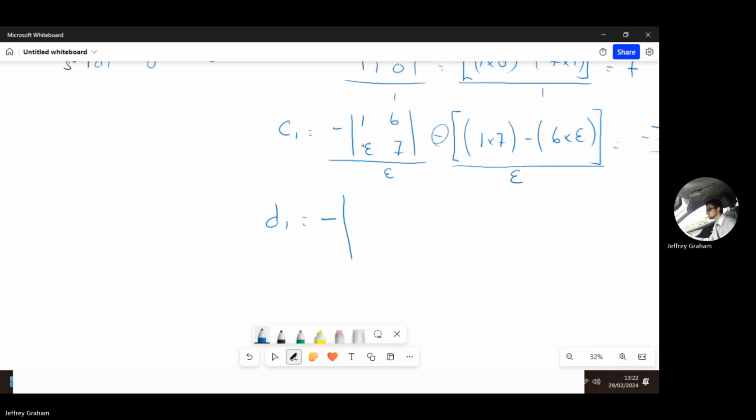Right, so the bottom of C moves up. So we've got epsilon and 7 for the top. On the bottom, we now have the awkward bit: minus 7 plus 6 epsilon, no epsilon, 0 for that.